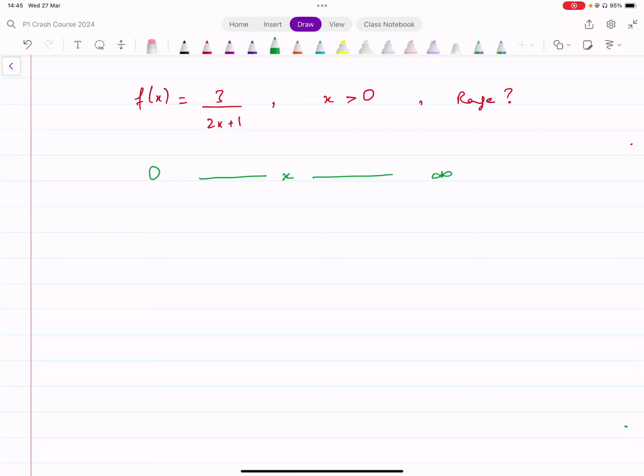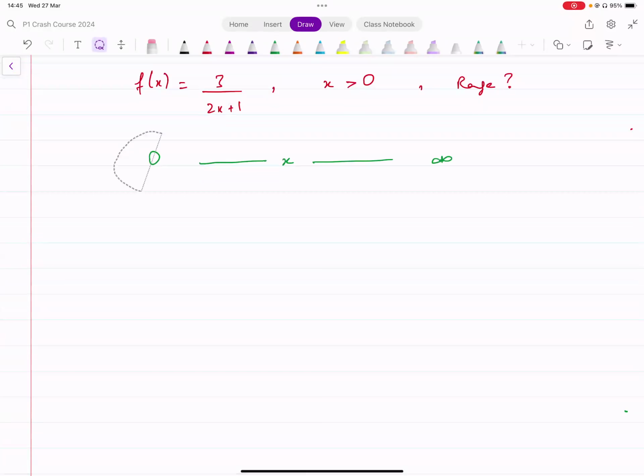All right. Now we need to see, if these are the values of x, what about the corresponding values of y? Let's see what happens when x is 0. Let's just input that here. f(0), right?